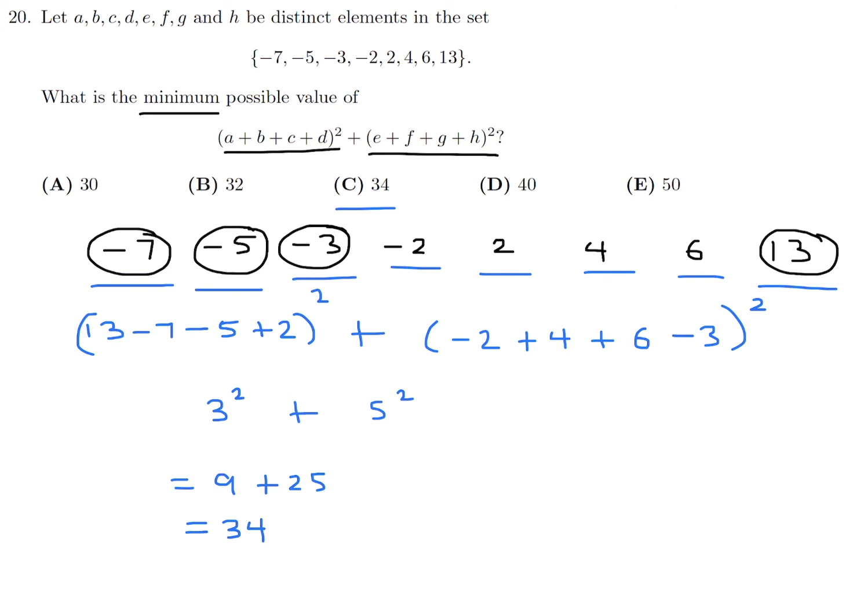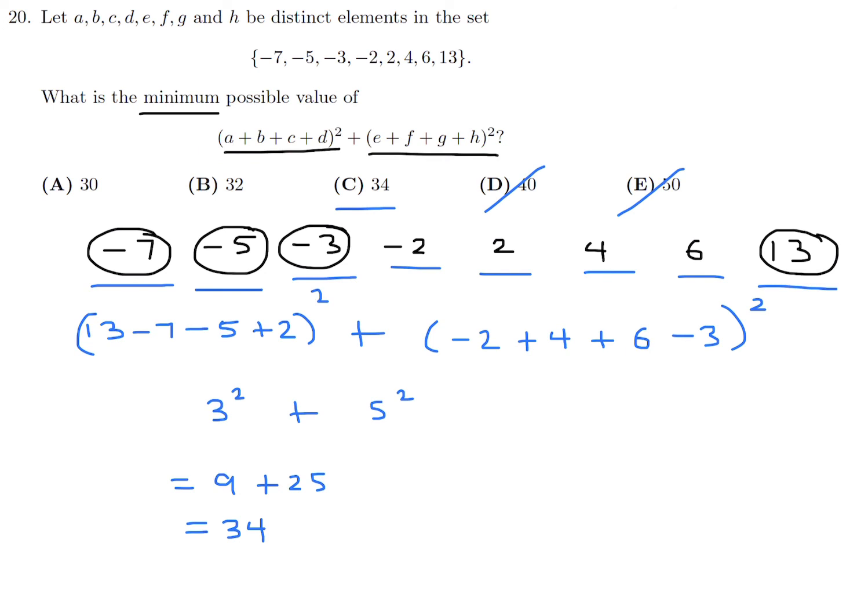Okay, 34 is one of the answer choices. So obviously those two are out because 34 is smaller than those. Can I get 30 or 32? Well, one thing I immediately notice is that this expression is the sum of 2 squares.